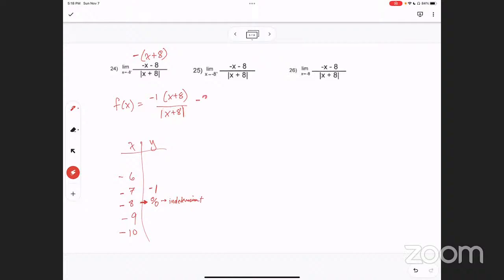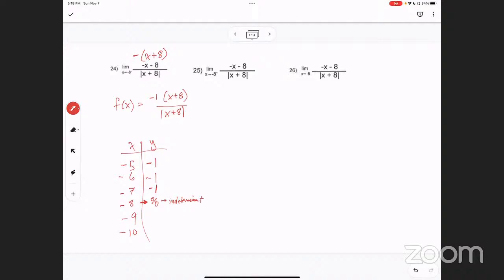So -2 over 2 is -1. There you go. You understand what I'm saying? And what do you think -5 is going to be? -1. You got it.